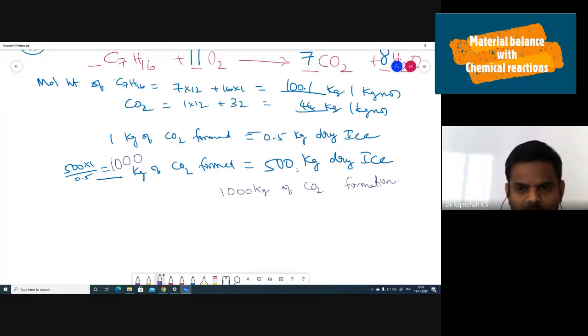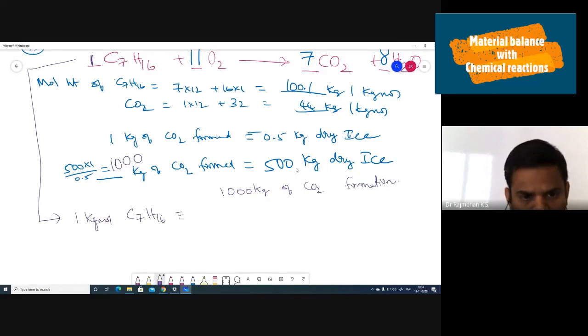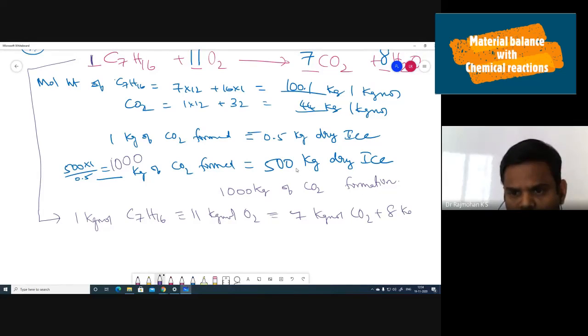But what is the reaction we have in terms of kg mole? Let me write here. What is the stoichiometric equation here? So we should follow it by the reaction. 1 kg mole of C7H16 will react with 11 kg mole of oxygen to form 7 kg mole of CO2 plus 8 kg mole of water.